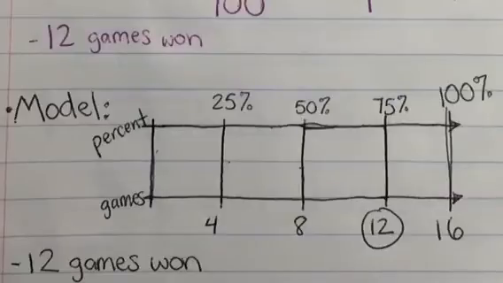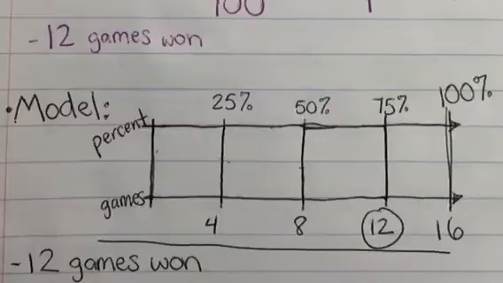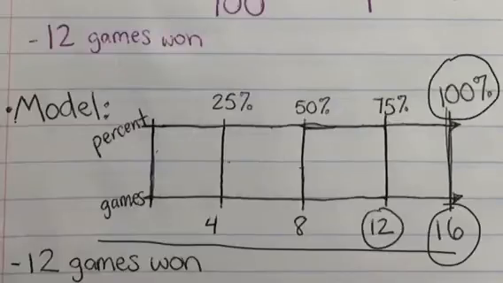But if our whole model is worth 16, then 100% is going to match up with the 16, because 100% is always going to be our whole. Okay, so as we draw our double number line, 16 is the maximum number of games, and 100% is the maximum percent.